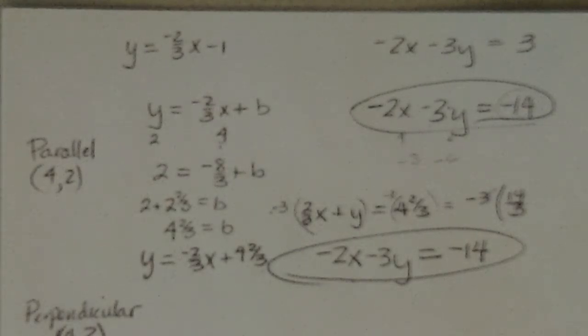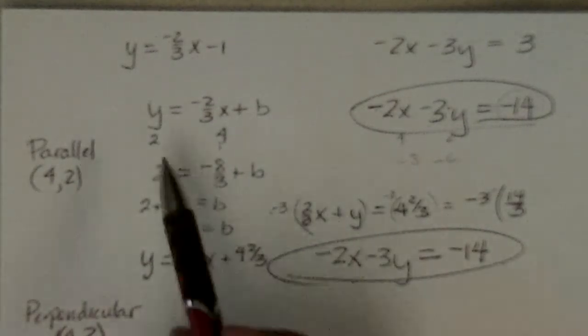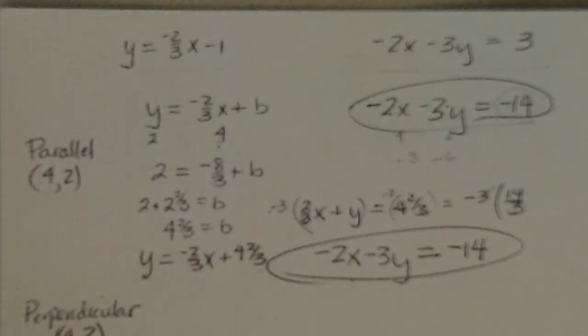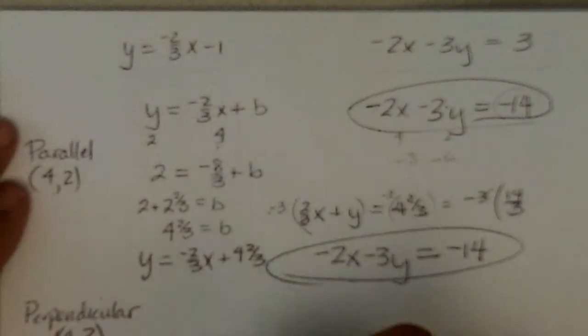All right. Now, what if I want to make a perpendicular to this line, but through the point (4, 2)? Well, the original line had a slope of down 2 and over 3, and it went through some points, so it was something like this.